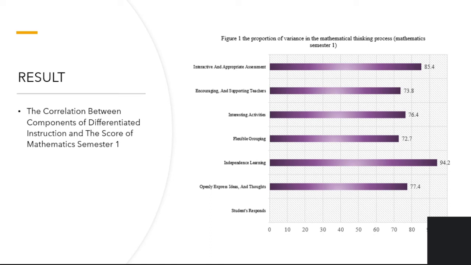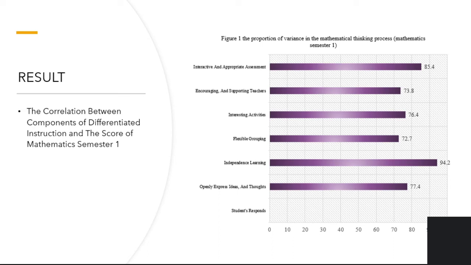The dependent variable is the mathematical thinking process, and the independent variable is the components of differentiated instruction. The results indicate that each component of differentiated instruction provides a very substantial proportion of the mathematical thinking process, as shown in the mathematics examination score for semester 1.